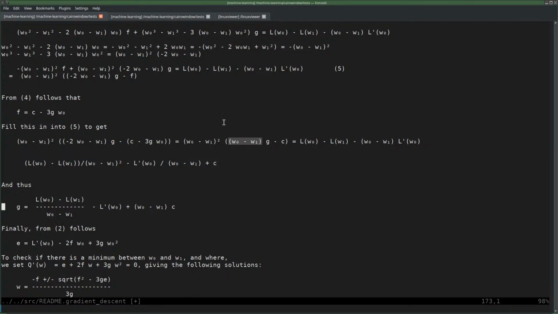Seems to be the factor of W0 missing. Maybe I should have put that in front of it though. Let's continue. So this was it, and then divided by that.